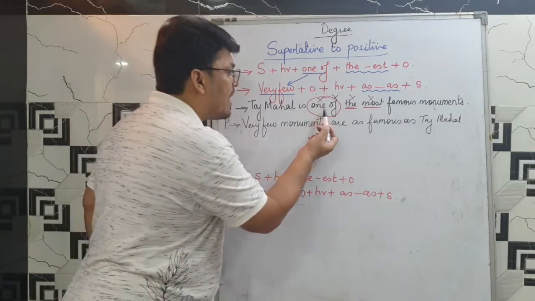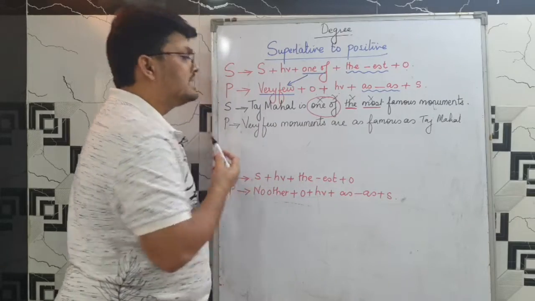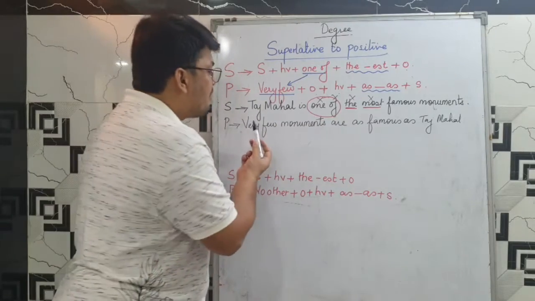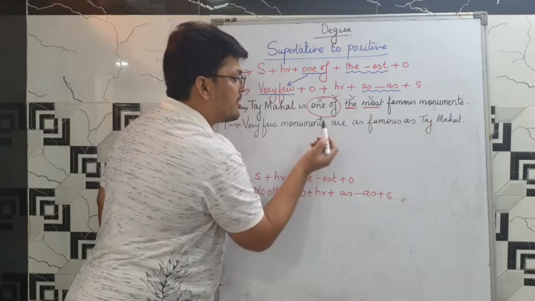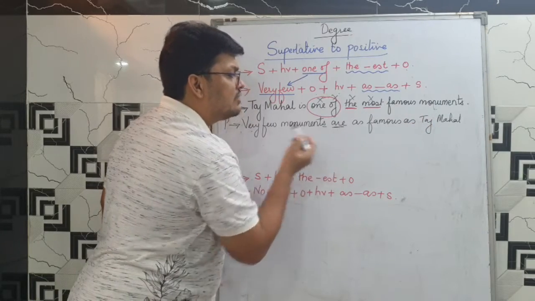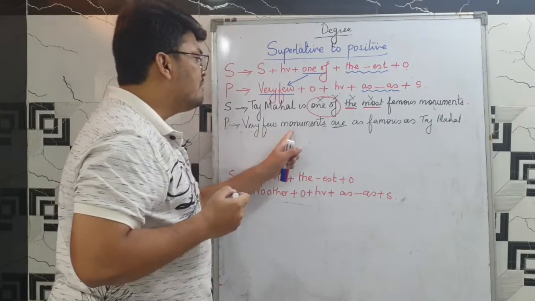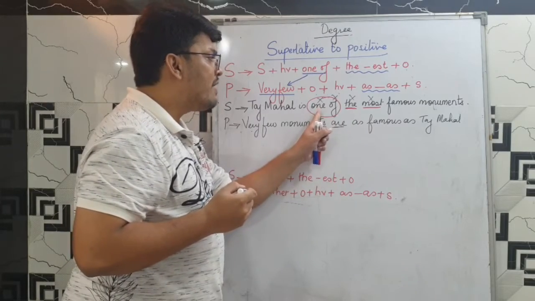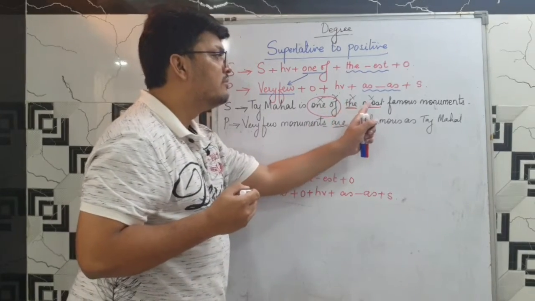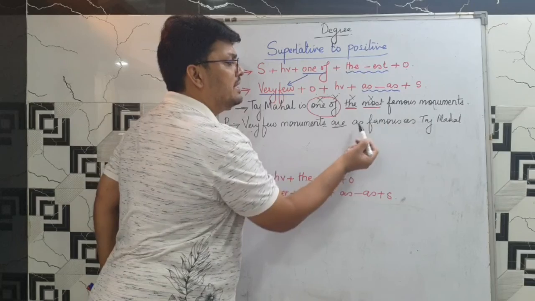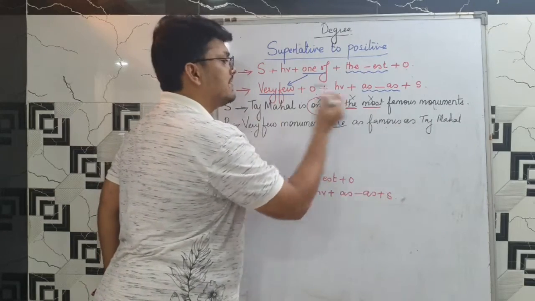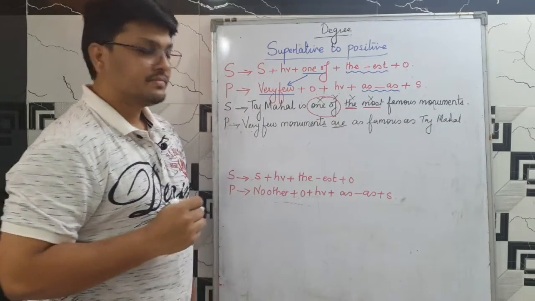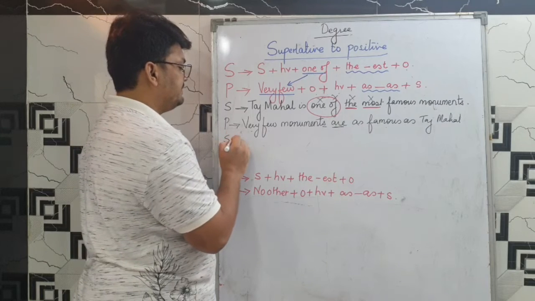As I saw one of here, I started the positive degree with very few. Very few with my object monument. This is plural, that is why I used are. So, very few monuments are. Remove one, remove of, remove the, remove most, and turn famous into as famous as, and then Taj Mahal will come over here. Okay, let's take one more example.